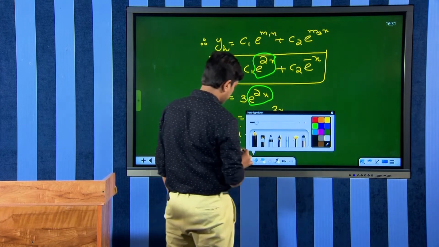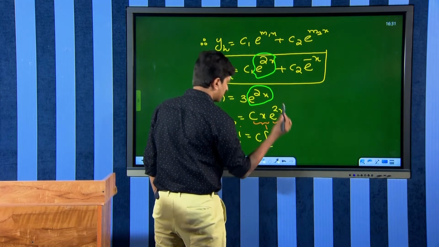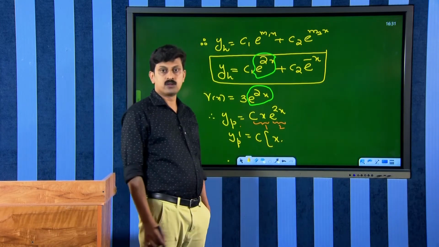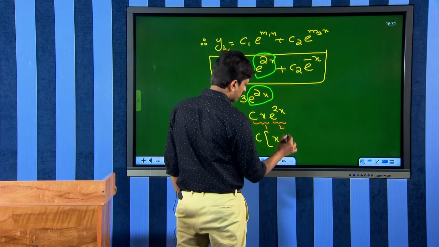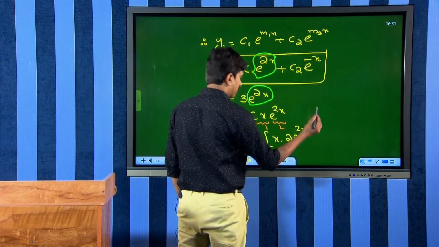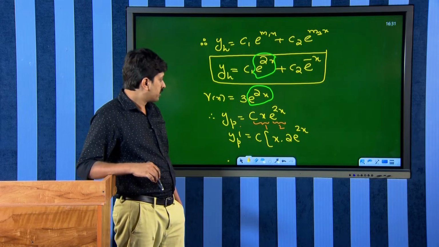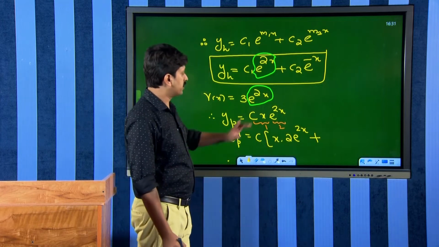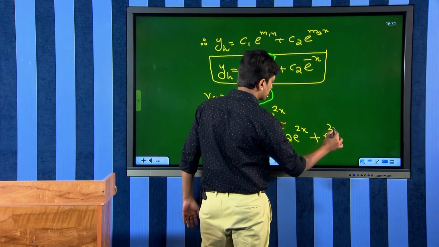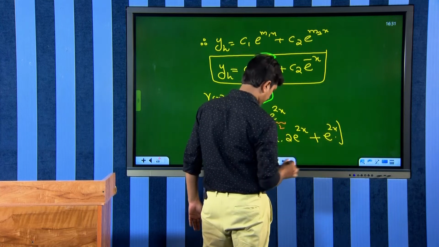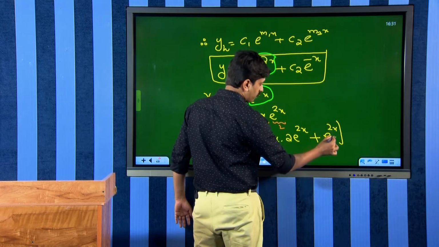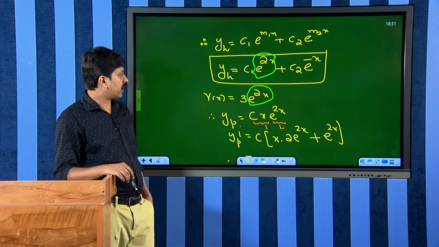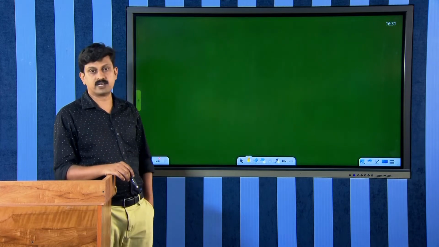I would like to consider c as the constant, x as the first function, and e raised to 2x as the second function. That gives x into 2 e raised to 2x, plus we multiply by e raised to 2x into the derivative of x, which is 1. Okay, fine. So, yp dash is there, and the next one is yp double dash.